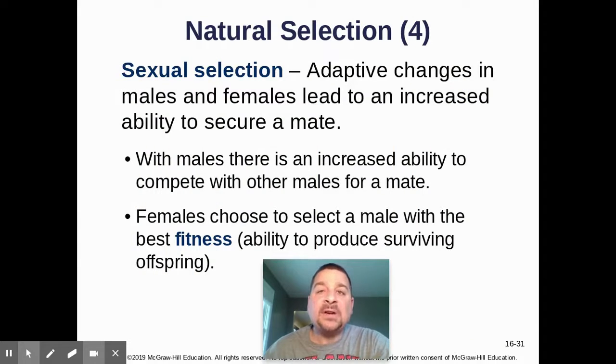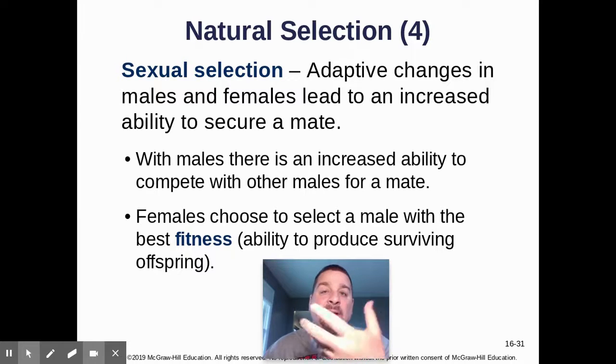The last little part we want to talk about with natural selection is sexual selection. This is adaptive changes in males and females that lead to an increased ability to secure a mate. Because remember, part of having traits that are different is the ability for them to be passed on.